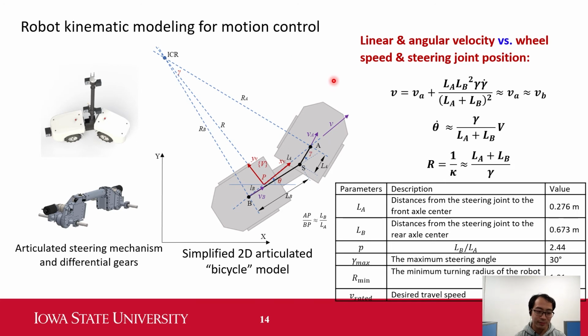It's a simplified 2D bicycle model, and based on that model, we derived the relationship between the linear and angular velocity with the wheel speed and the steering joint position. This helps us figure out, for a desired robot movement, desired linear and angular speed, what would be the wheel speed? How do we control the wheel speed? And how do we control the steering joint position?